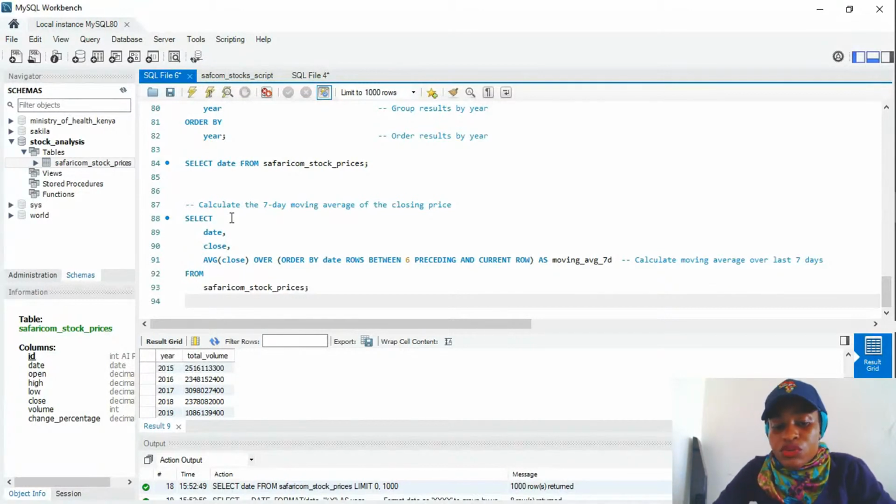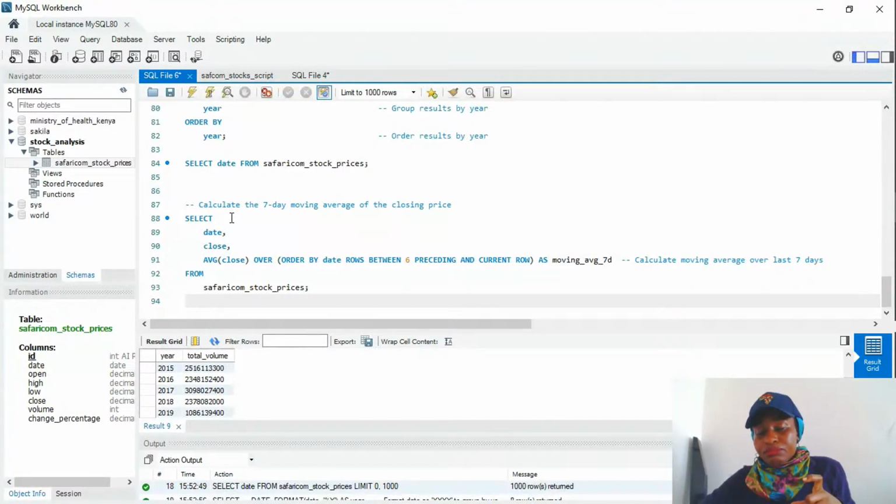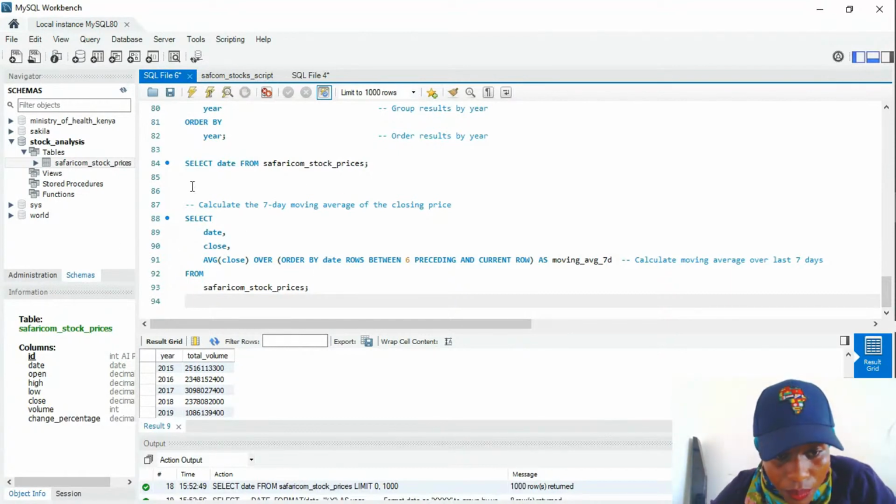And this is normally used to smoothen our analysis and also to be able to clearly get patterns within the days, also to understand for easy visualization as well.